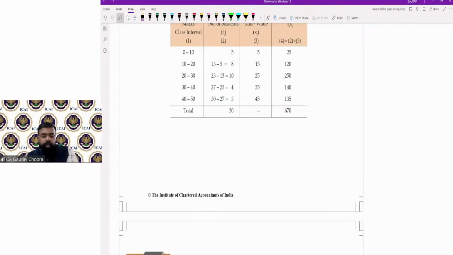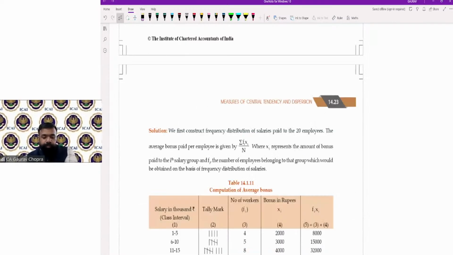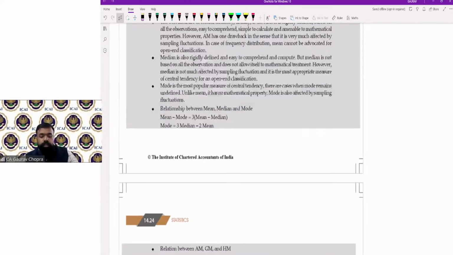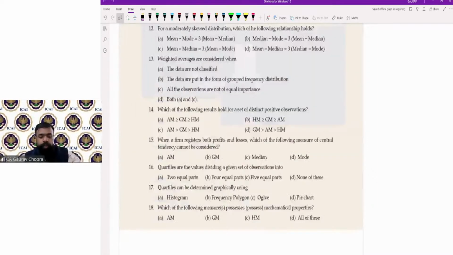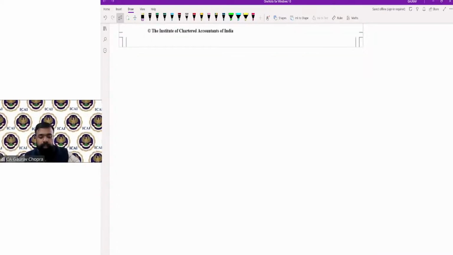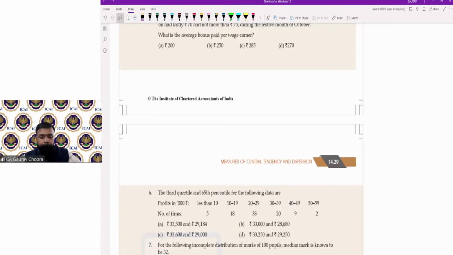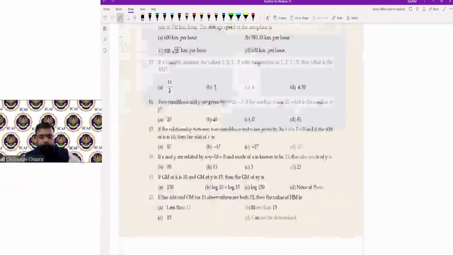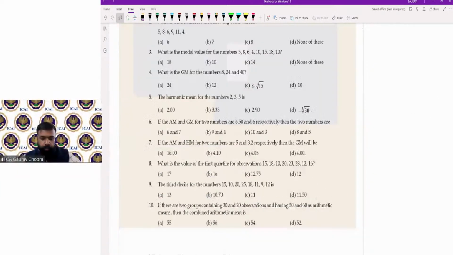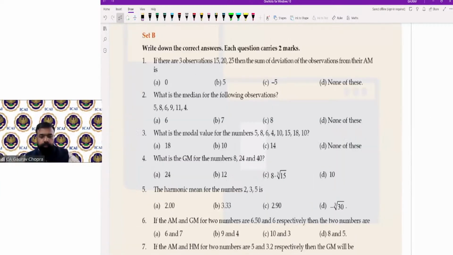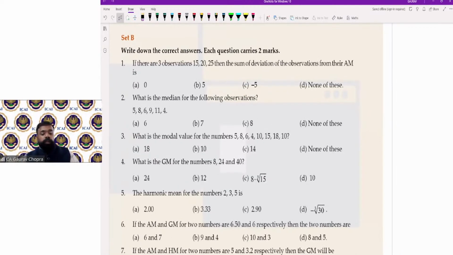Now this mean and median we have covered already. So now let's do some practical questions from the exercise. Set B, question number 1.